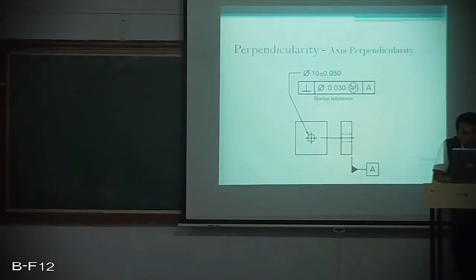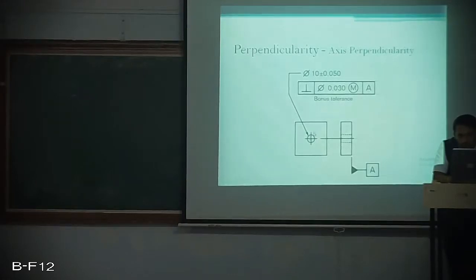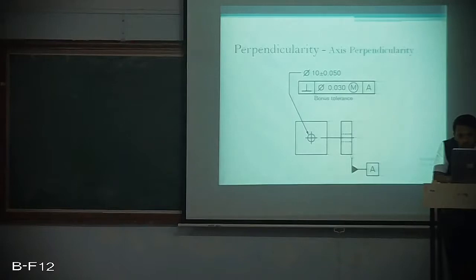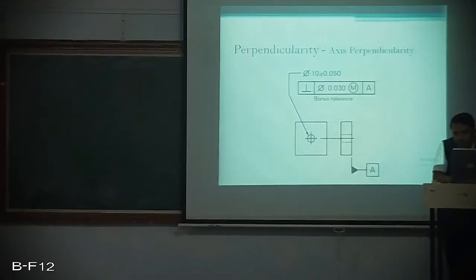What will be the maximum material condition for the hole? When the hole is finished to lower limit, and again followed by the reference surface. They have taken it as datum A, which is indicated as the bottom surface of this square plate. That means this axis or this axis in the side view has to be perpendicular to this bottom surface with the maximum material condition and tolerance of 0.030. That is what is depicted in this feature frame.